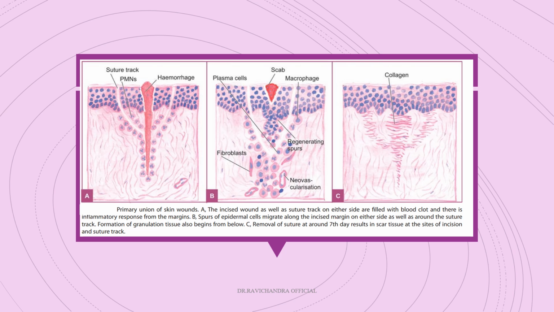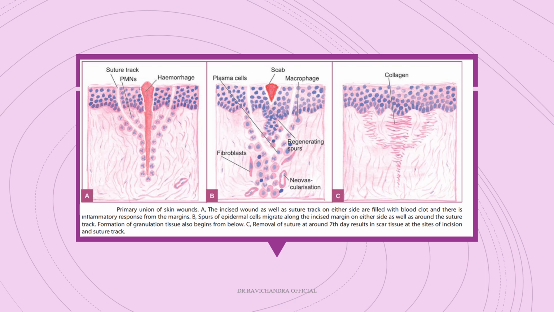Whereas in the diagram B, there are spurs of epidermal cells migrating along the incised margin on either side as well as around the suture tract. You can observe granulation tissue formation also in this. From below it is starting. You can observe the regenerating spurs, neovascularization, everything in that. And you can also observe the formation of a scab.